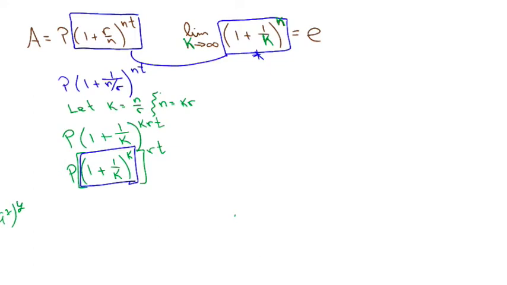E. It equals E. So if I let k go off to infinity, this thing equals P times e to the RT. Whatever's in that blue box will turn into E all by itself, and then whatever's left over is the P in the front and the RT in the exponent.